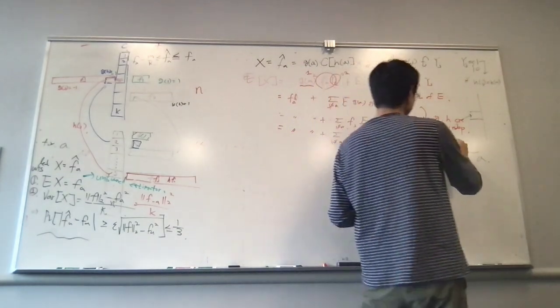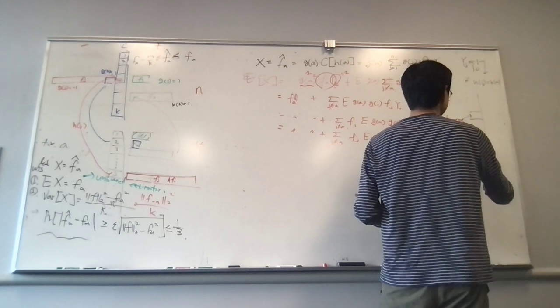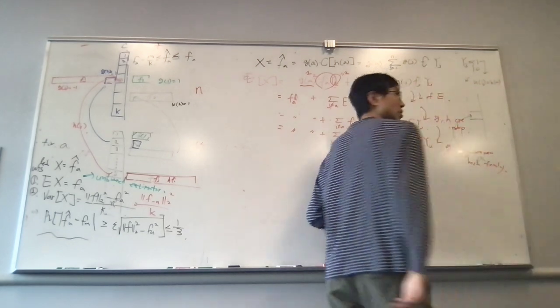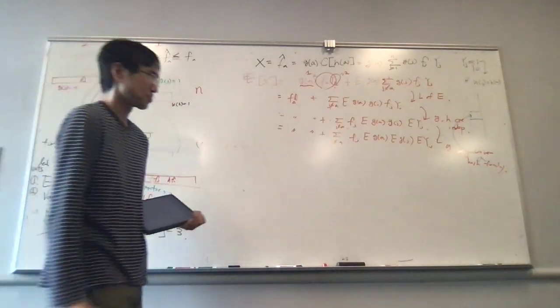This is because G is in a universal hash family. Why?